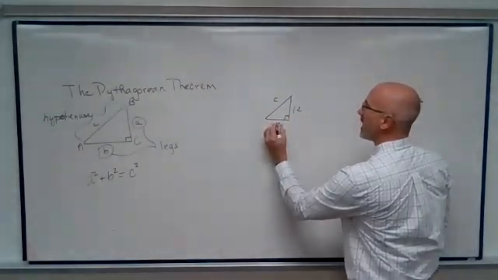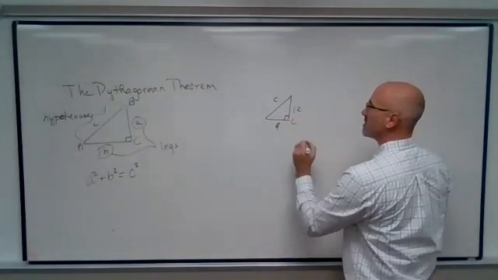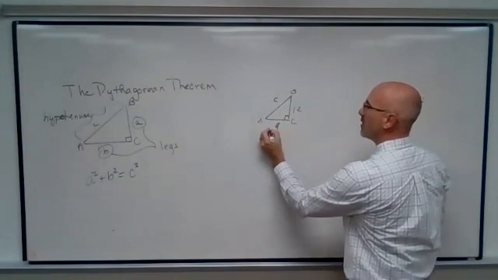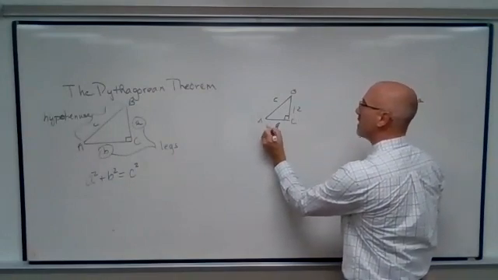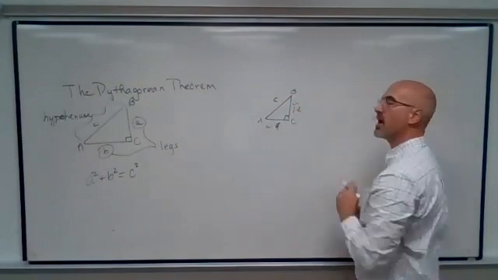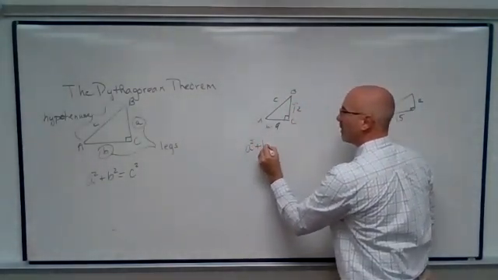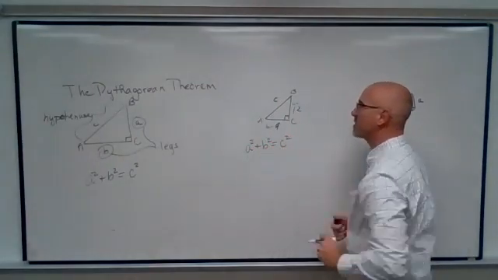So we could say that this is angle C, and we can put the A and the B. So this we know is lowercase b, and this we know is lowercase a. So we can say A squared plus B squared equals C squared.